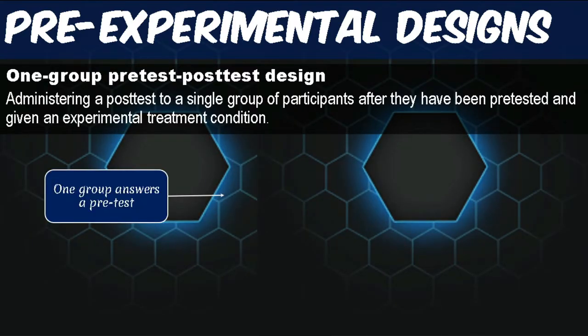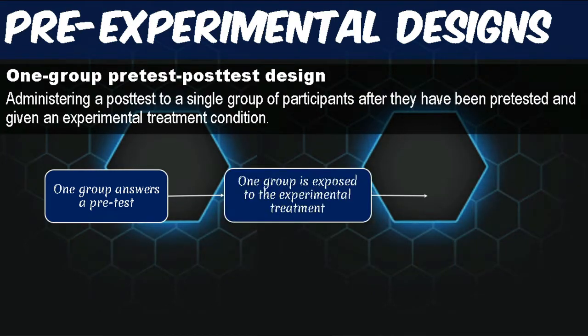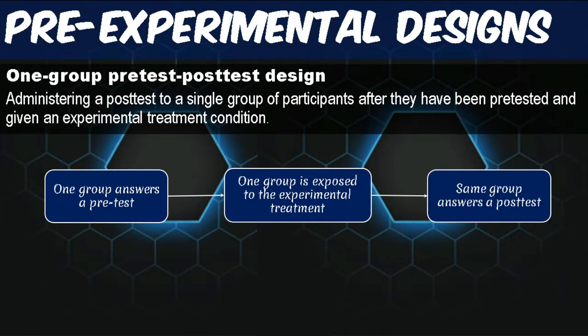So you have one group of subjects or participants, they answer a pre-test, or you initially measure them, they are exposed to your experimental treatment. It could be an experimental treatment or an intervention for us in the education sector, and then you let them answer a post-test, or you measure after being exposed to the experimental treatment.